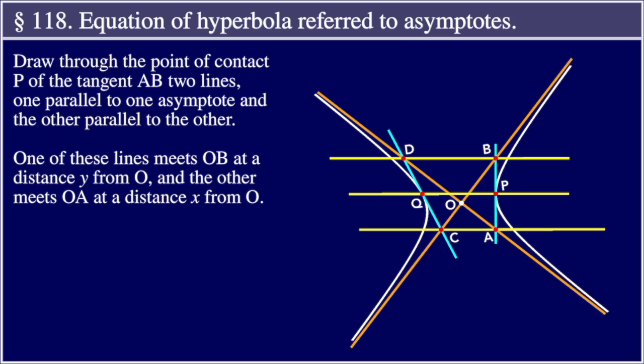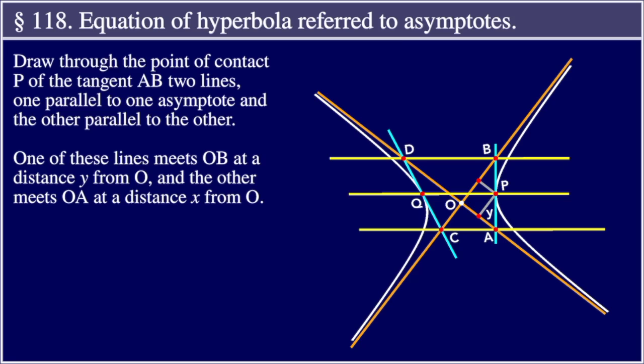Section 118. Equation of the hyperbola referred to the asymptotes. Draw through the point of contact P of the tangent AB two lines, one parallel to one asymptote and the other parallel to the other.